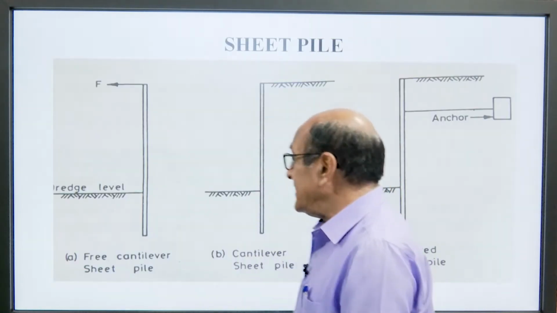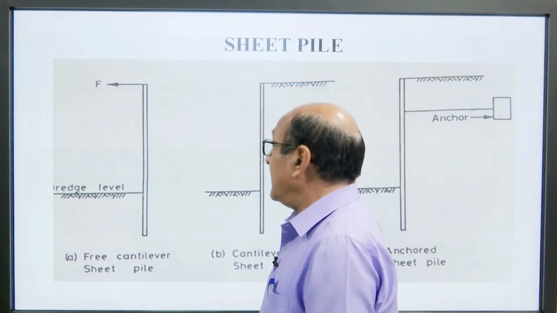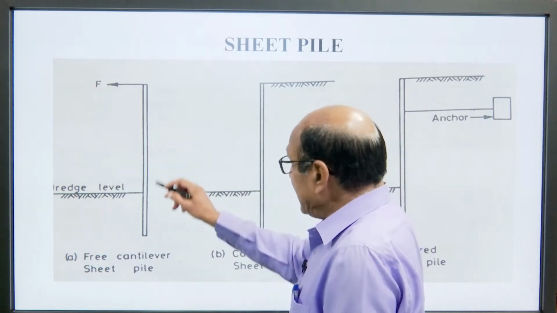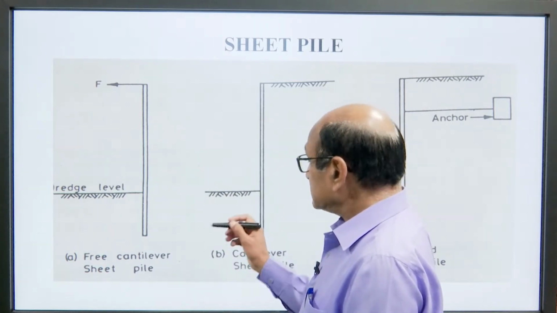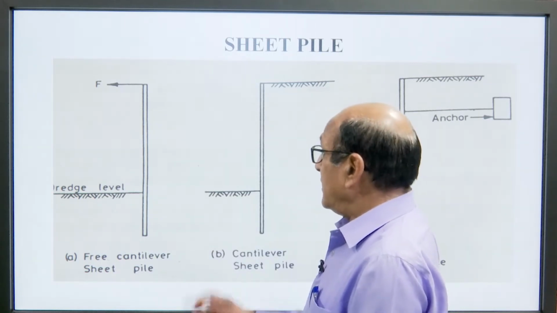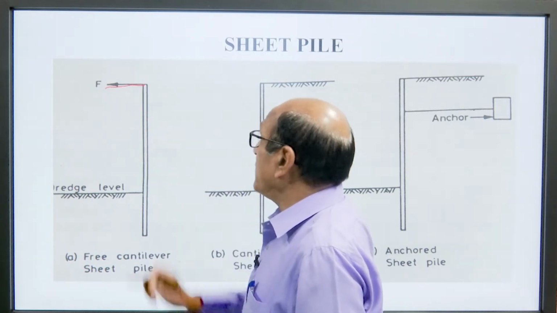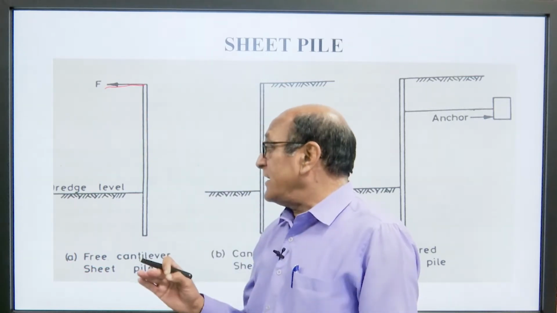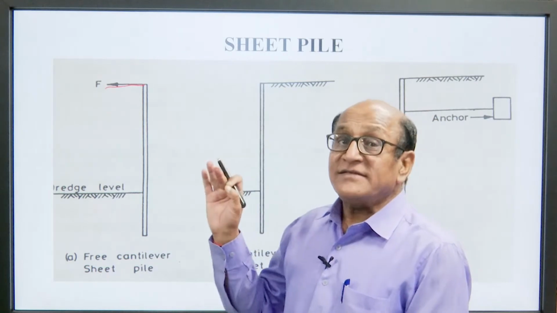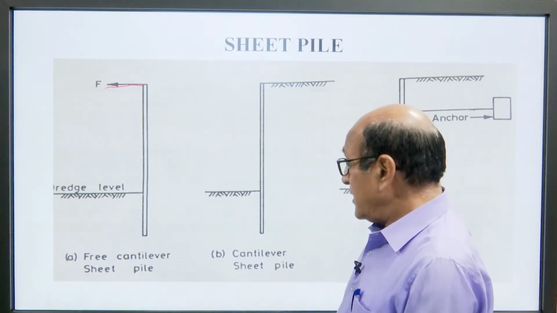So, we can see here this is a free cantilever. What happened? This is the dredge level and the sheet is fixed below the dredge line. A horizontal force you can see here easily. This horizontal force F is acting towards the dredge line. Okay.